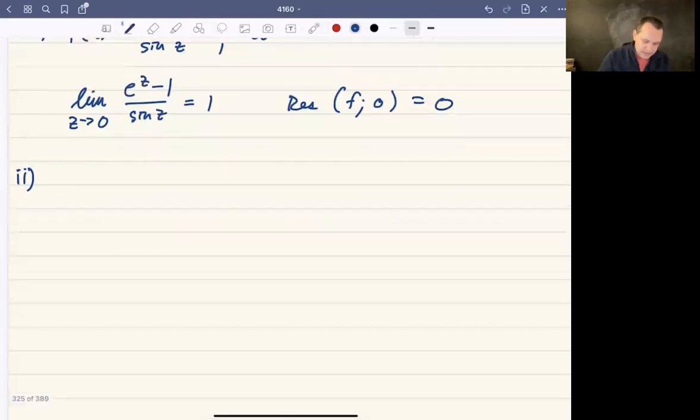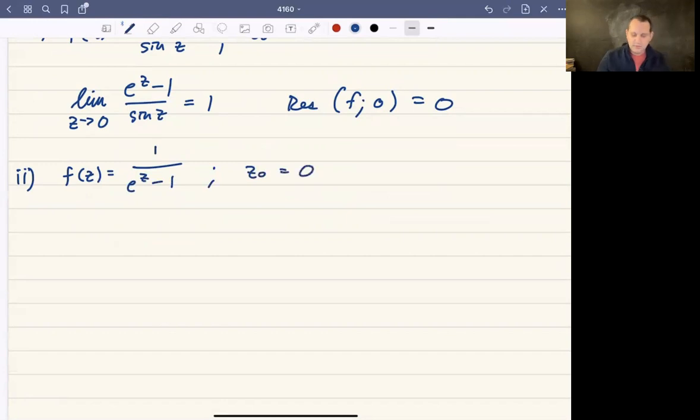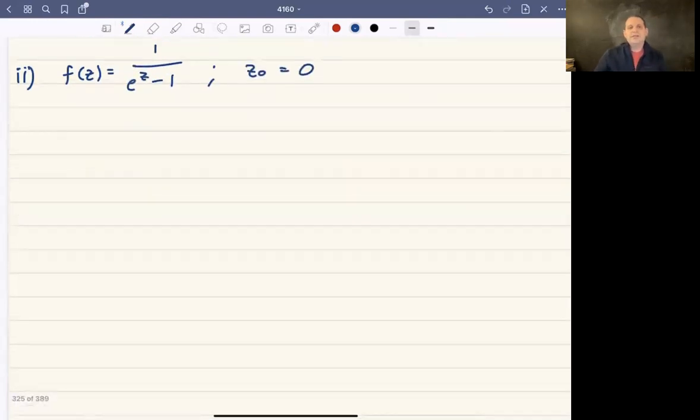All right, so next let's look at the function e^z, 1 over e^z - 1, and we're going to again calculate the residue at 0. Now here, it's not removable, because if you look at e^z - 1, that's going to be z plus 1/2 z squared and so on, and you're going to have a problem at 0.